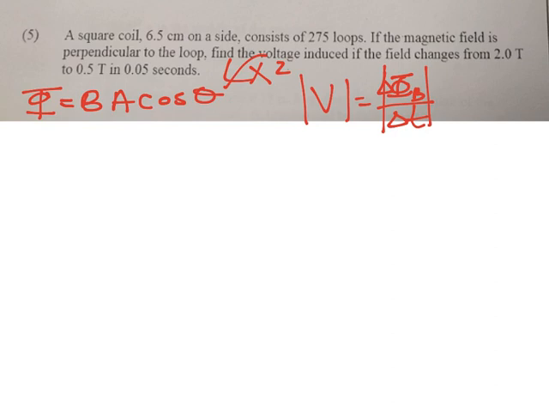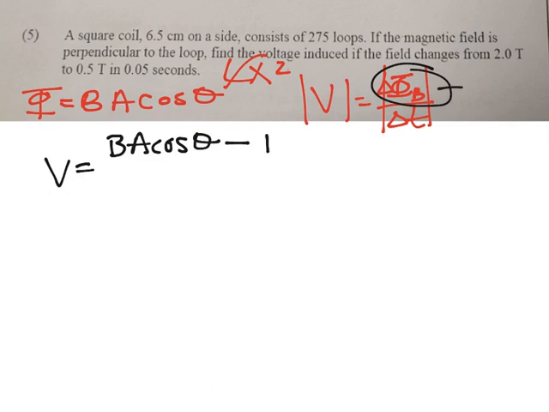So always just set up your equations first. So we know there's some initial or final B, A cosine theta minus, because remember this we're subtracting here, from some other B, A cosine theta.